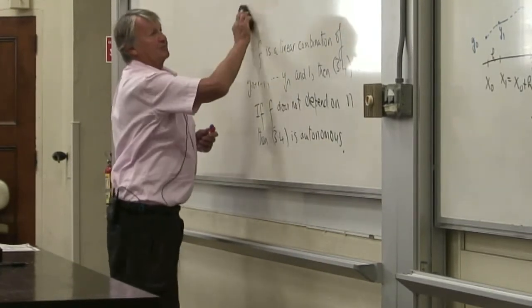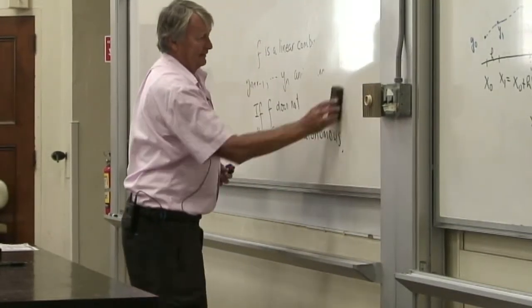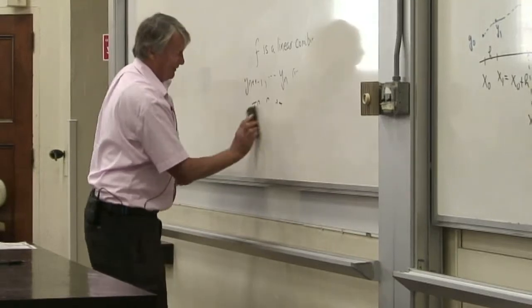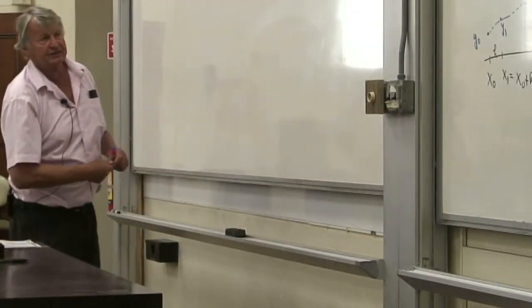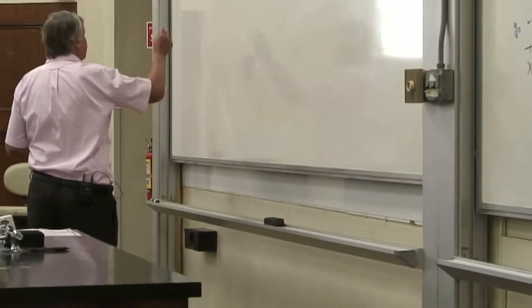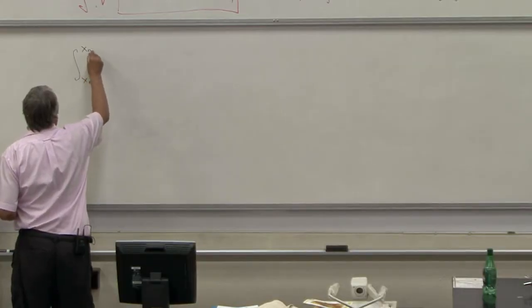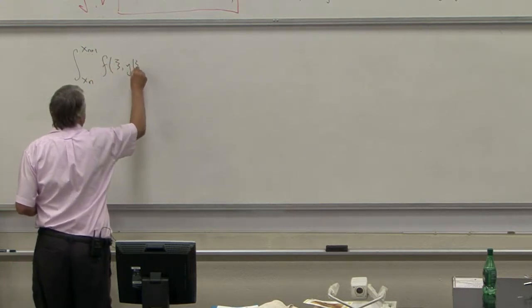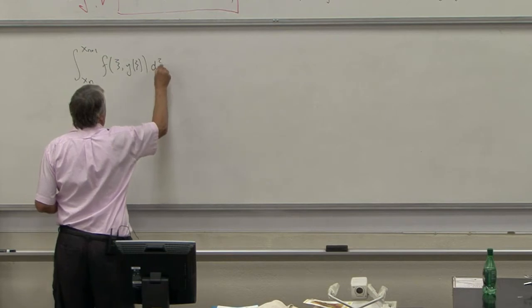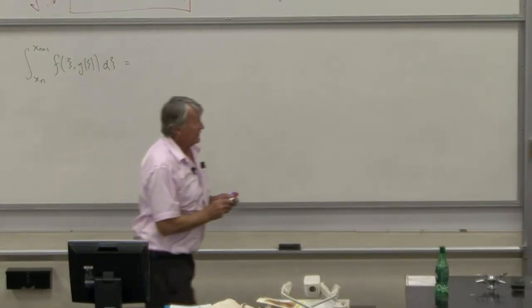This sort of goes back to calculus. Yes, exactly. You could approximate it. You could say the integral from xn to xn plus 1 of f of c, y of c dc. We could represent it as this.